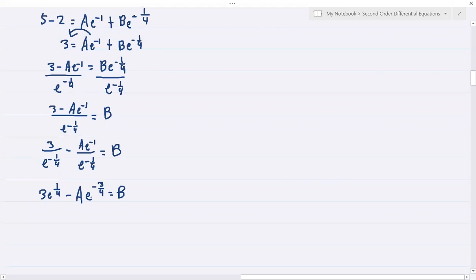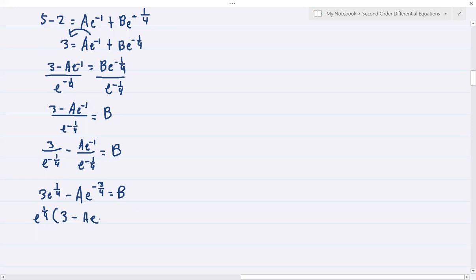You can actually factor this out if I'm correct. But if you don't want to, then you can just leave this as it is. This is now your B. Or you know what? I can actually factor this out. Let me factor this out. I will have e raised to 1/4 times quantity 3 minus a times e.